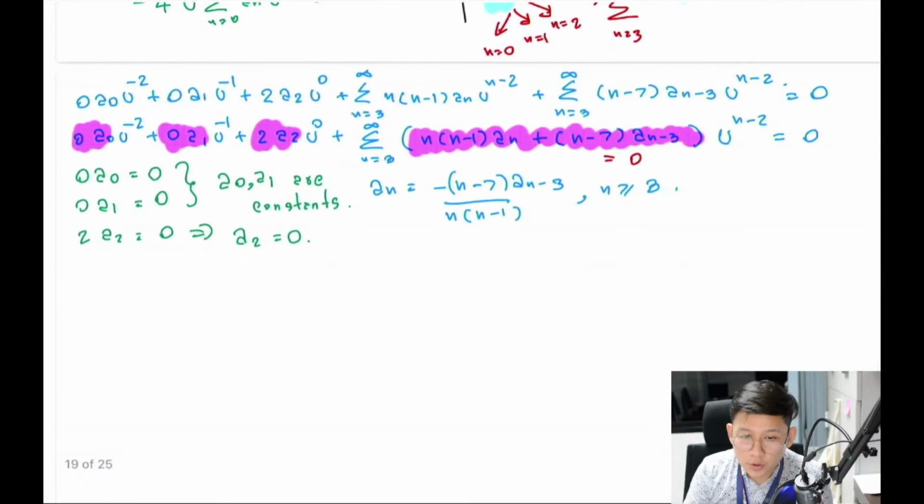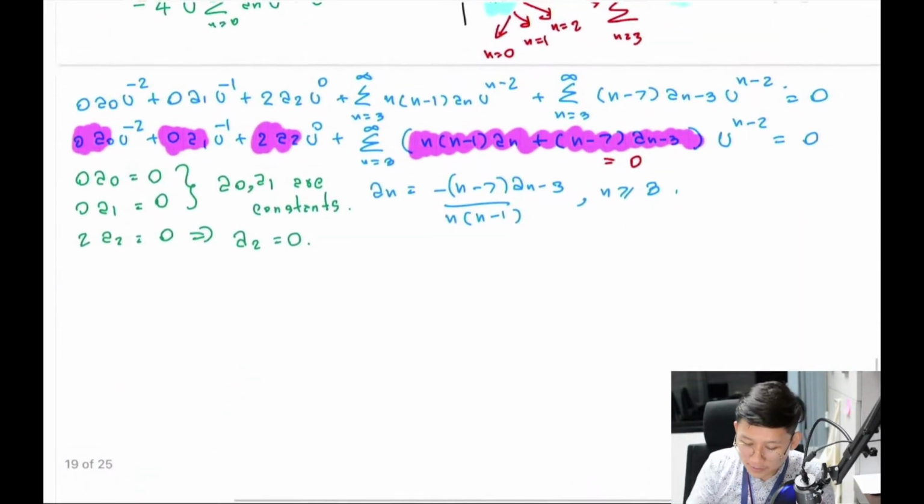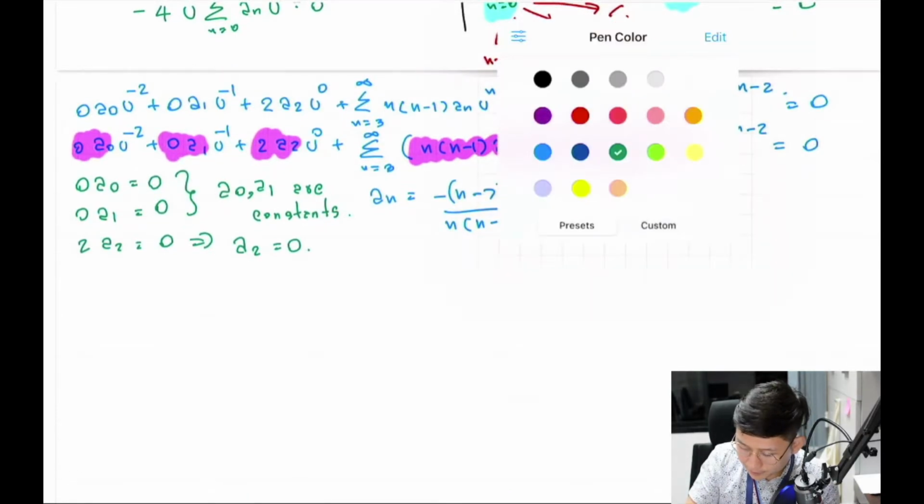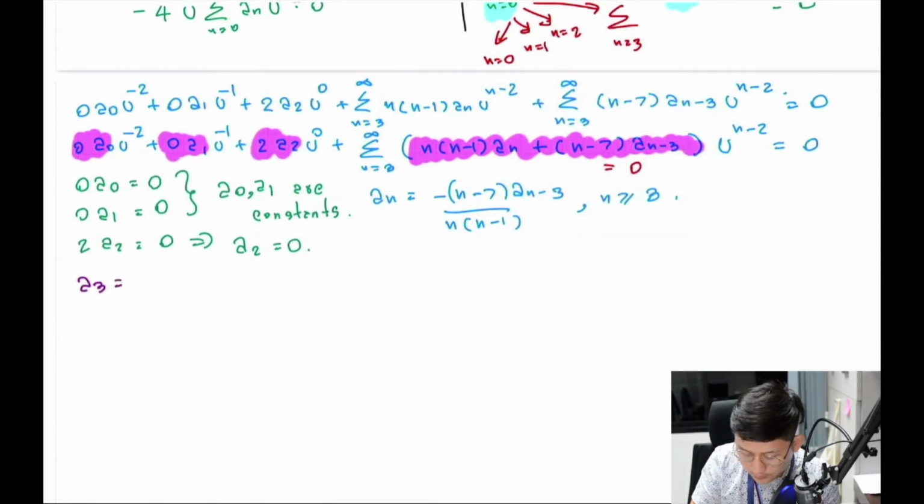So we'll begin with a3. You need to use this condition, right? So a3 would be minus (3 minus 7), that is minus negative 4, times a0, divided by 3 and 3 minus 1, 3 times 2.